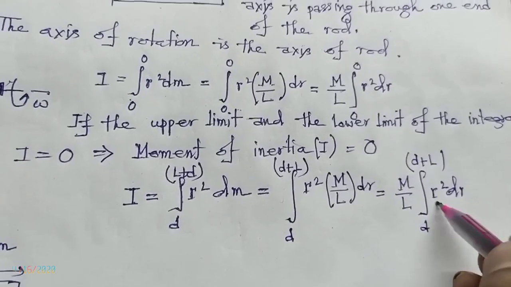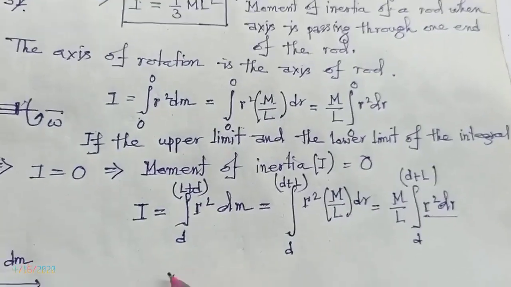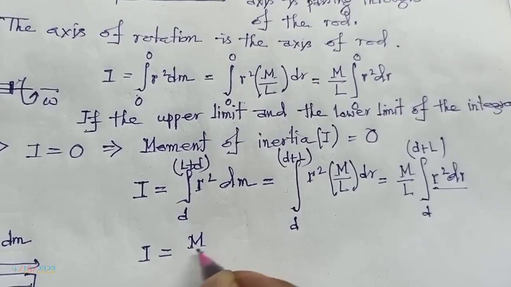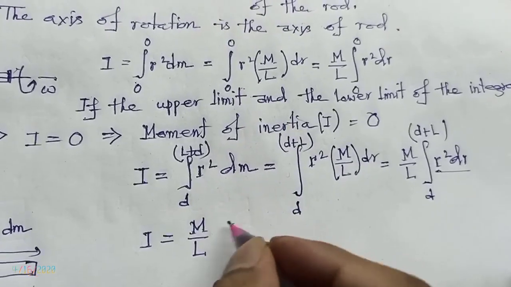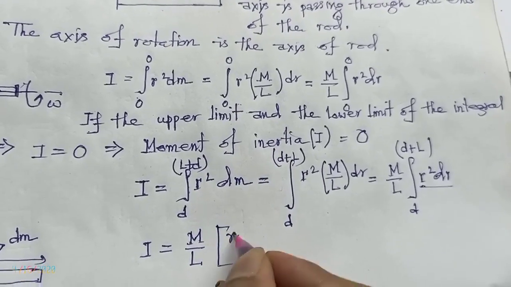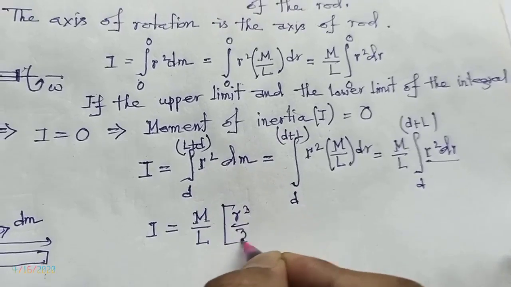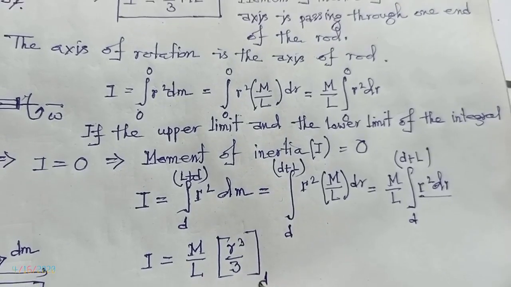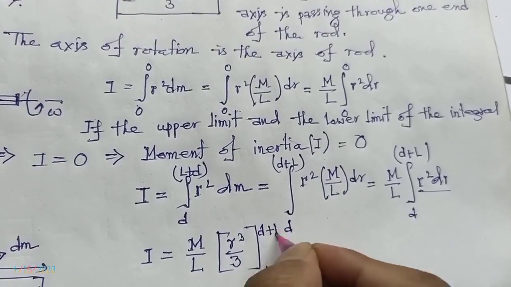Now as we know, integration of r square dr is r cube by 3. So I equal to m divided by l into r cube divided by 3, and its corresponding limits are d to d plus l.